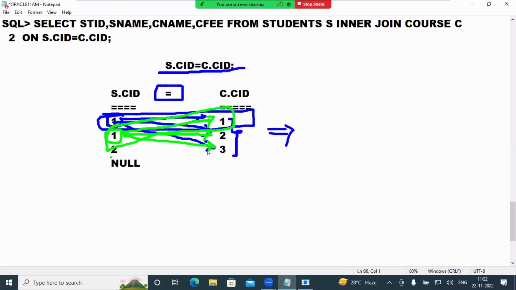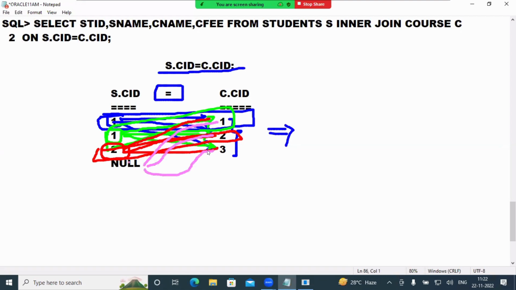Now the second one: 2 equals 1 is false. 2 equals 2, the condition is true, so this will be joined. 2 equals 3 is false. And then null: null compared with 1, null with 2, and null with 3.